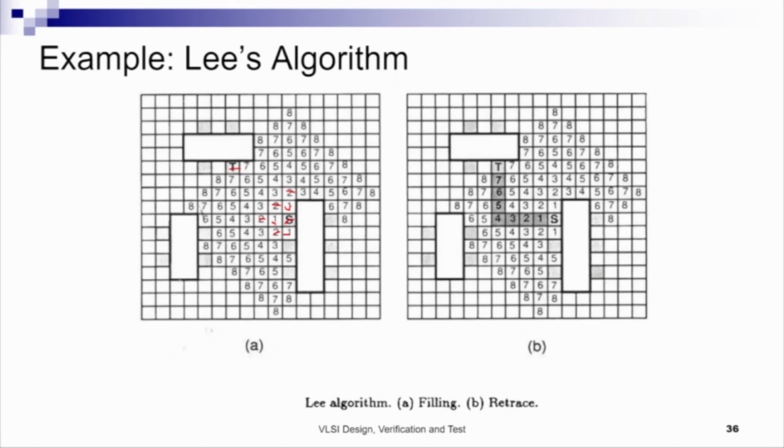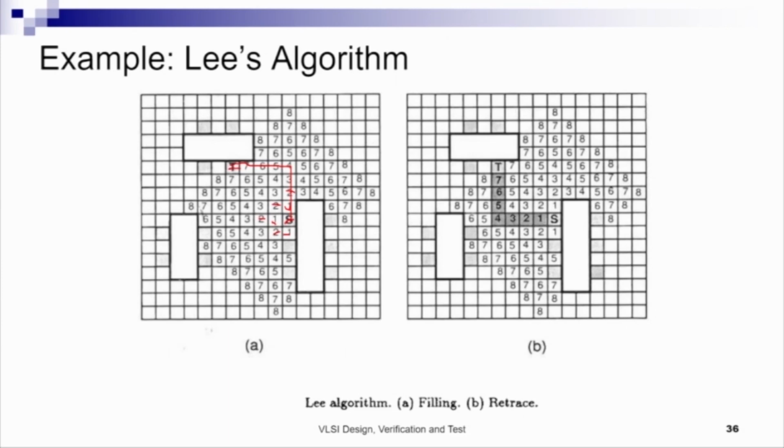If T is reached at step 8, let us say, then there will be at least one adjacent cell with a step value I minus 1, here 8 minus 1. So we have a 7 here. So we could take any one of them. Let us say we take this one, and we progressively go back to the source S. So we go back 7, 6, 5, 4, 3, 2, 1, 0.